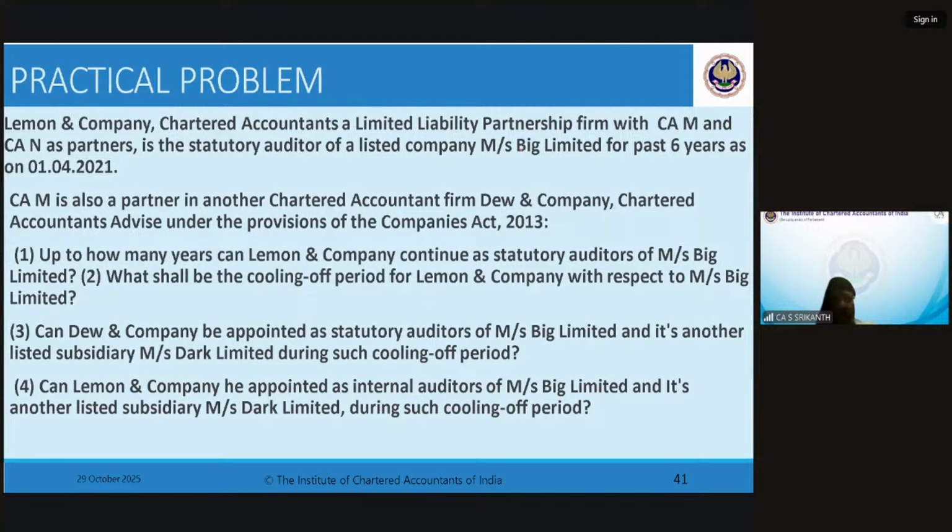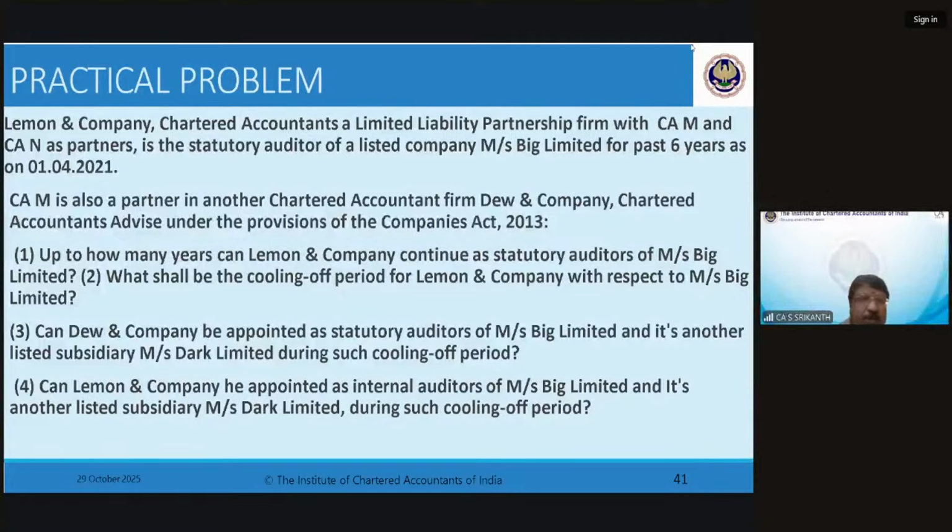They have been reappointed, so another 4 years they have. Correct, 1 plus 4 years. Once that 4 years is over, then they have to come out. So 21, 22, 4 more years. Absolutely correct.